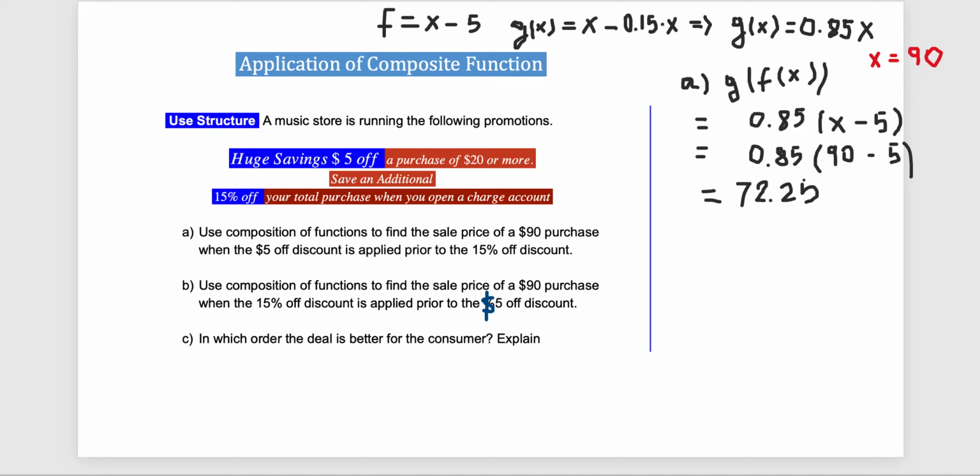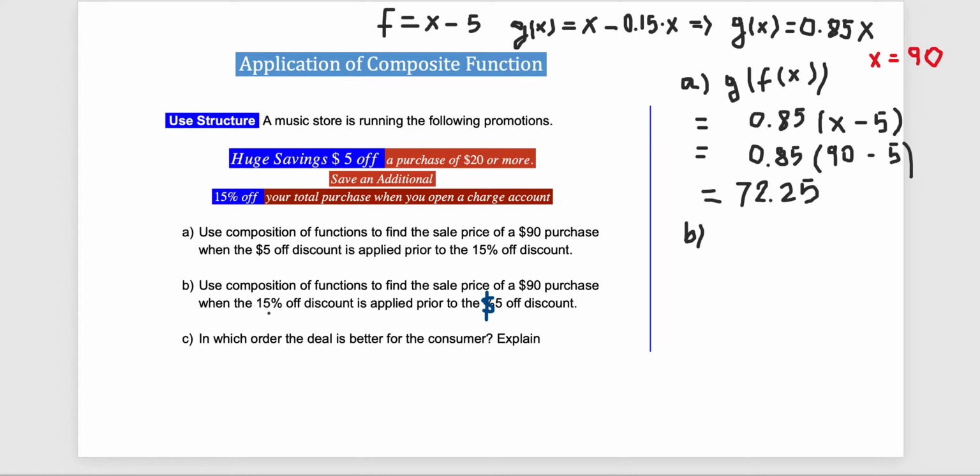So when we apply this discount, first we get the discount of $5, and then on the same article we get 15% off. If the item costs $90, the final sale price is going to be $72.25.